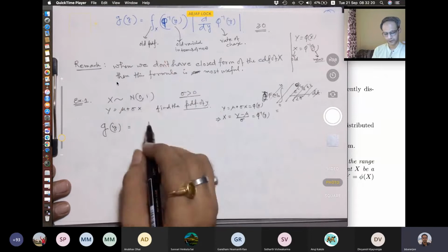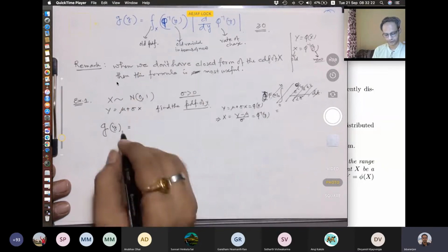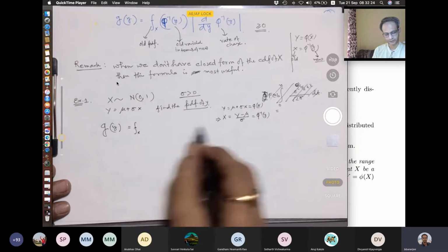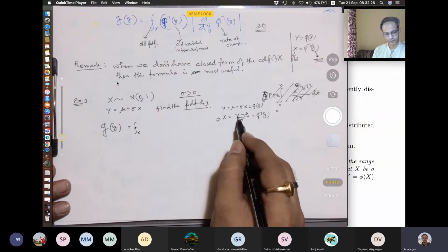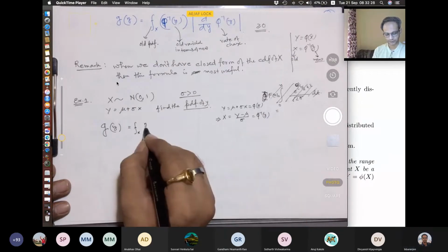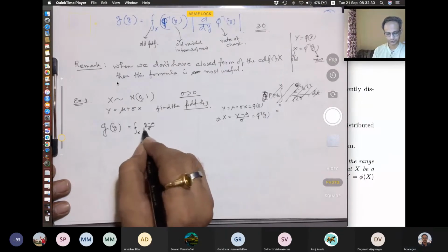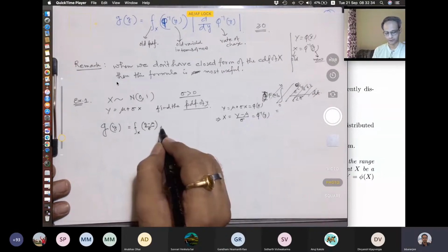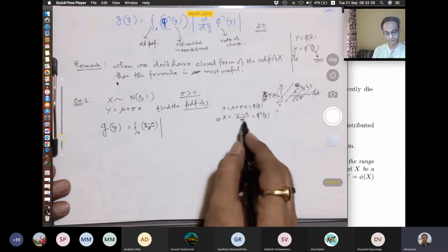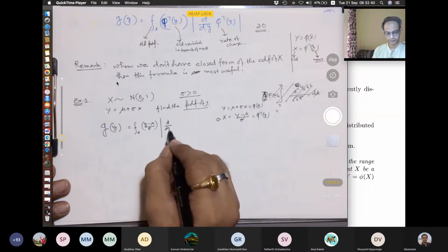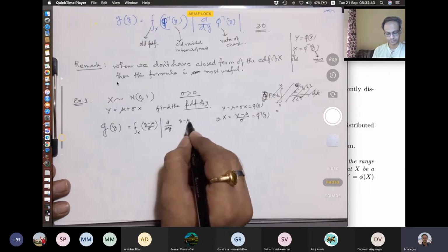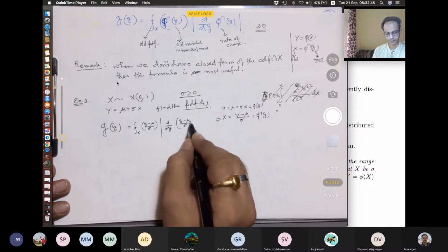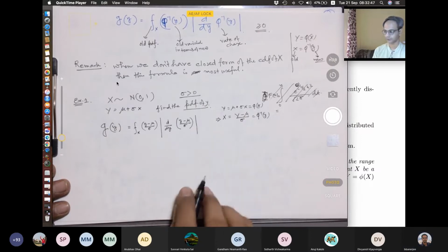f of x at y minus mu by sigma, done, times the absolute value of d/dy of y minus mu by sigma. As simple as that.